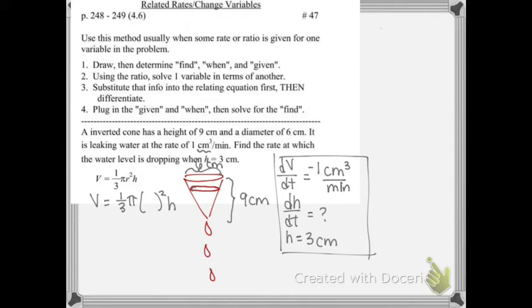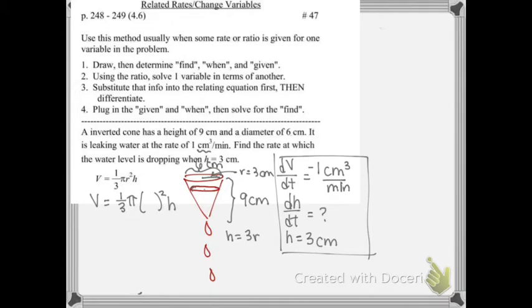So do you see how they gave us that the diameter is 6 and the height is 9? So if we go even smaller on this cone and find its radius, the radius of the cone is going to equal 3 centimeters. So what I hope you notice is that the height of the cone is 3 times bigger than the radius.